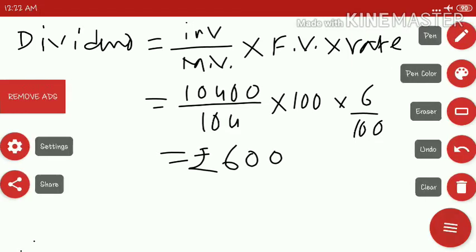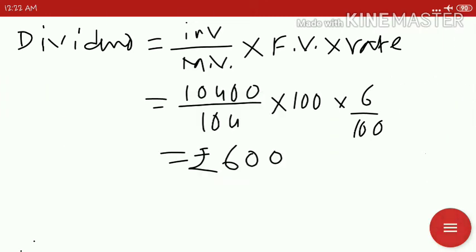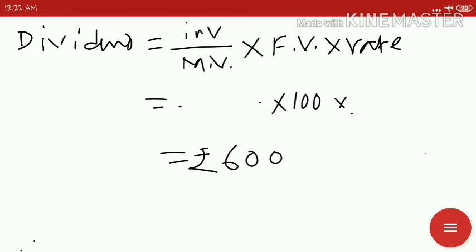Similarly, for the second investment, we will put the values accordingly. Then the changes will be there in the investment and market value, those values will be changed.